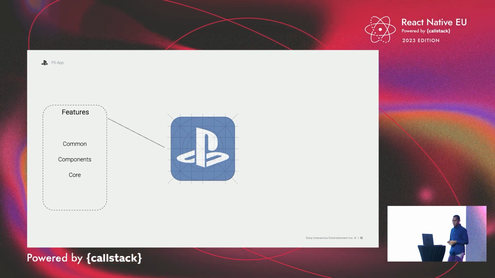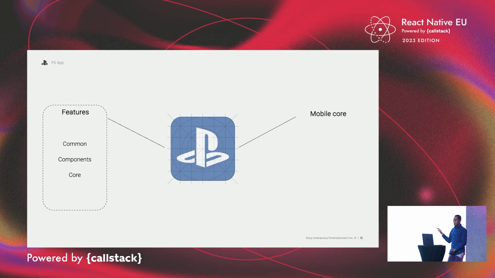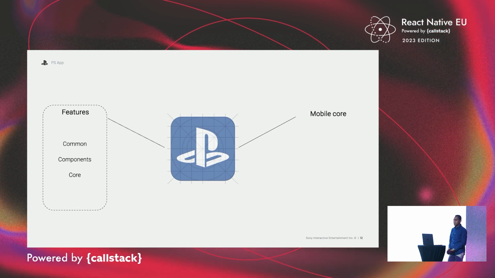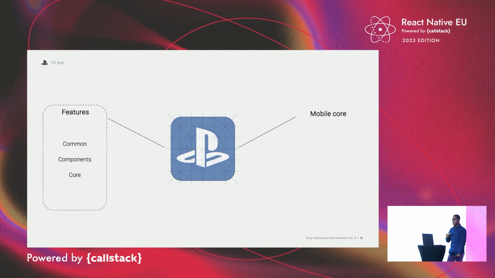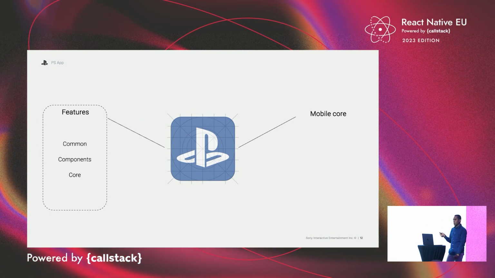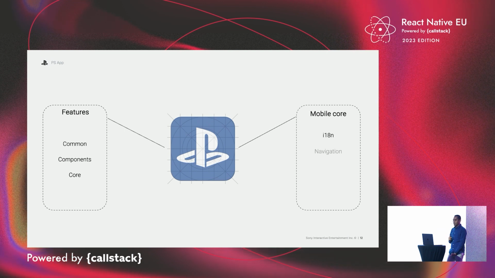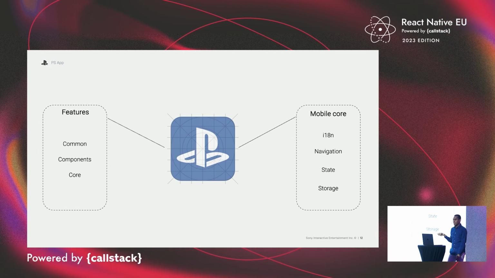Once we shipped the app, and it started growing in size over the years, we also created this other concept of mobile core. This concept of mobile core was meant to house another set of concerns, namely internationalization, navigation, state management, and local storage.